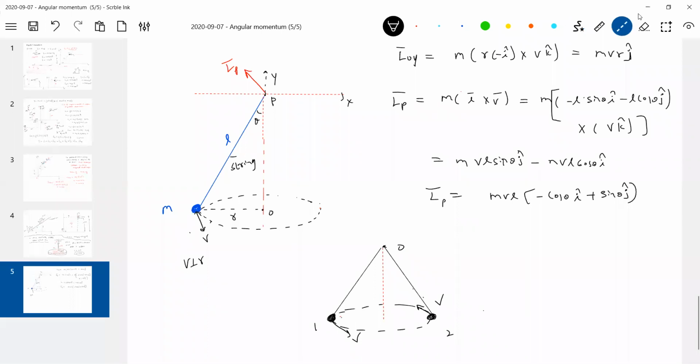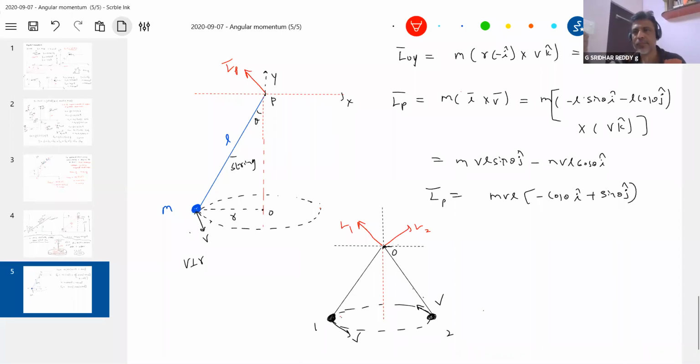Now, how is the direction? First at 1, L bar will be directed somewhere here. When the bob is at 2, the L bar will be directed like this. Like that, what happened to that L bar? The L bar vector is going to rotate. If this is the axis, it's going to rotate here.